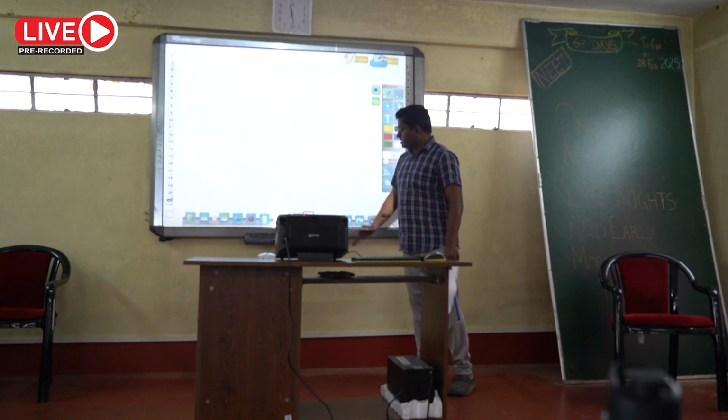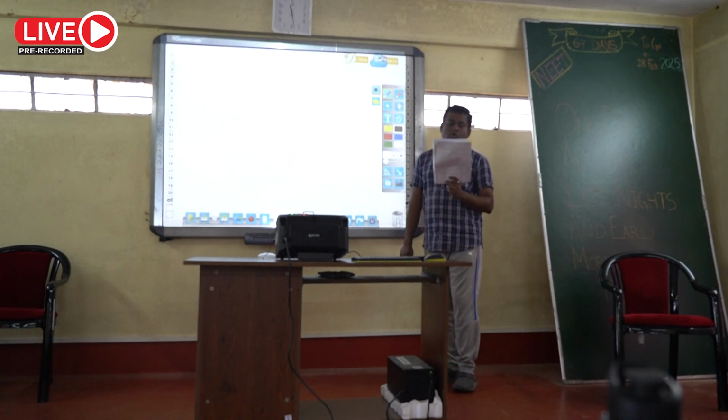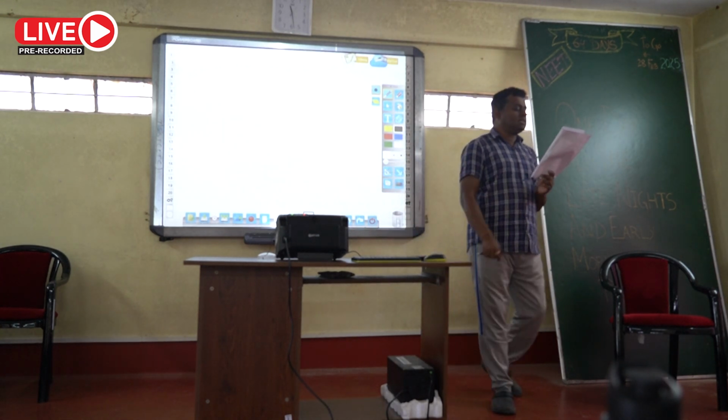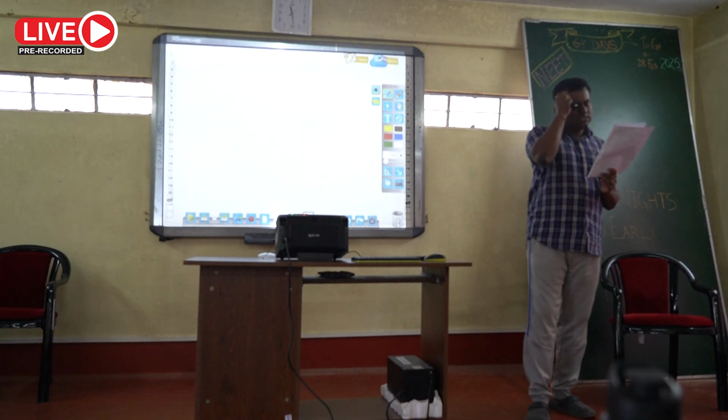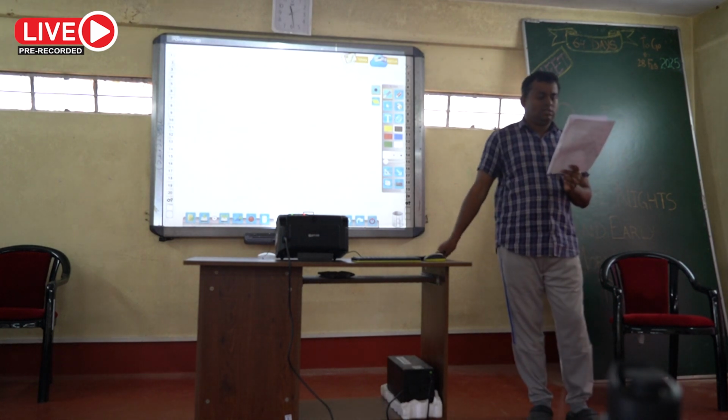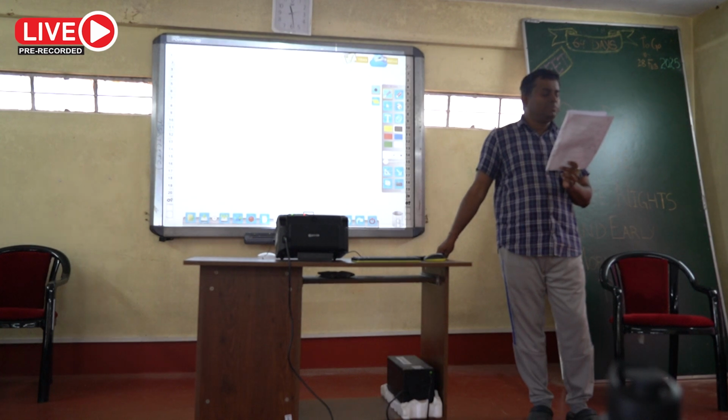Okay. Next question. See, the volume of the bulb of a mercury thermometer at 0 degree Celsius is V naught. The cross section of the capillary is A naught.